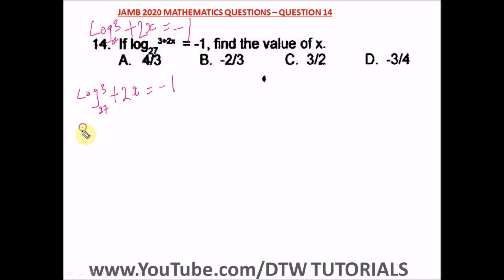So we collect like terms, we have log 3 base 27 equals minus 1 minus 2x.